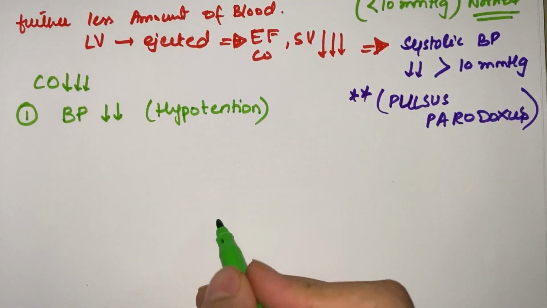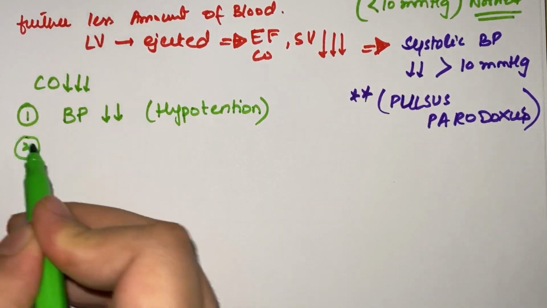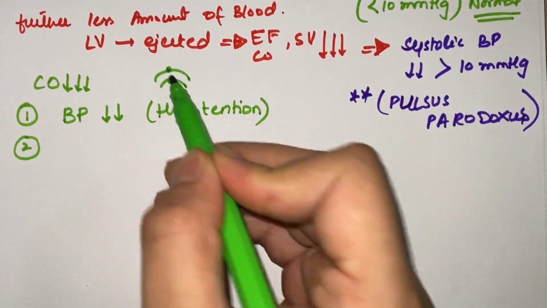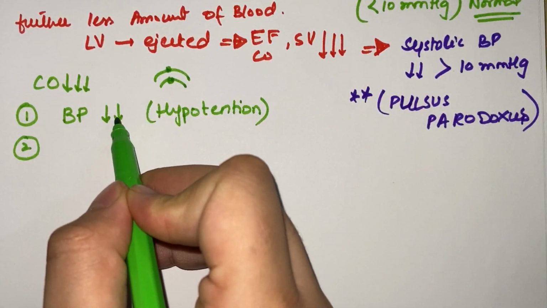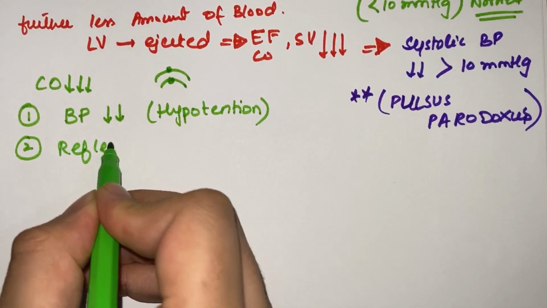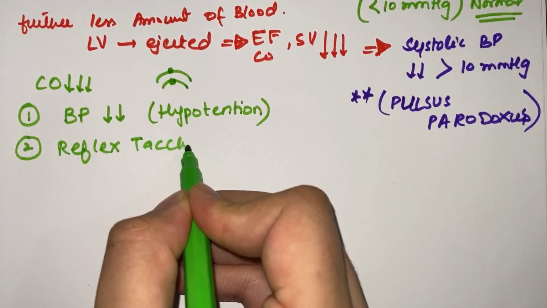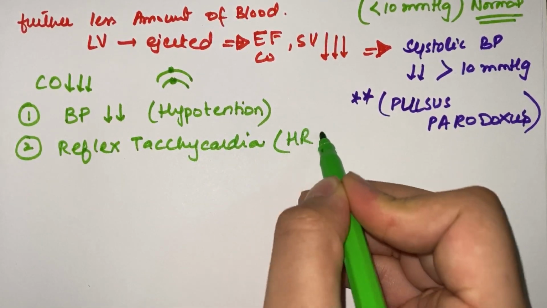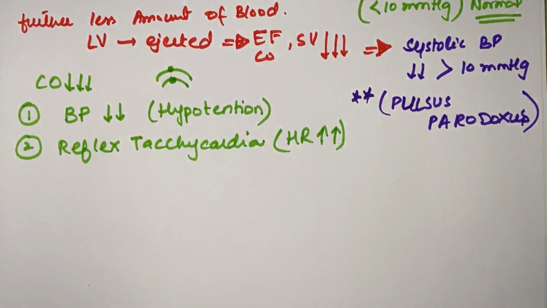Because of this low BP, as we know, within the aorta there are some baroreceptors. Now when this low BP is detected by these baroreceptors, they cause reflex tachycardia, and with this reflex tachycardia we can write that heart rate is increased.